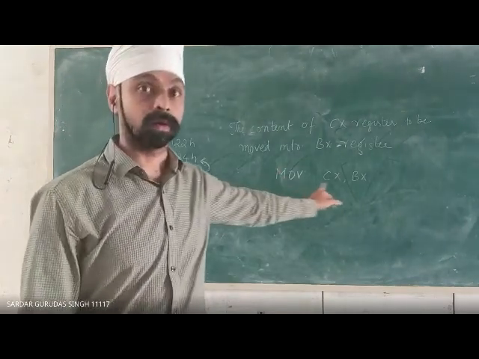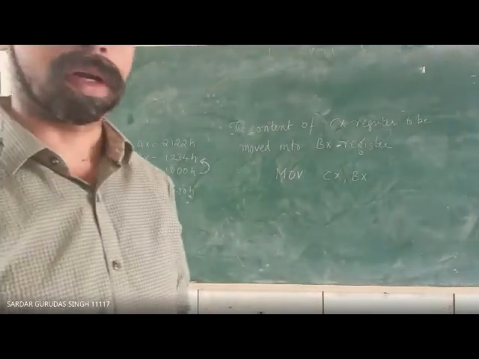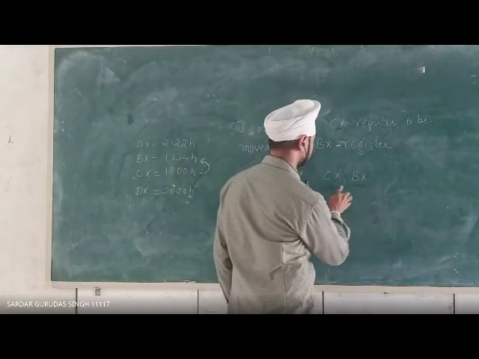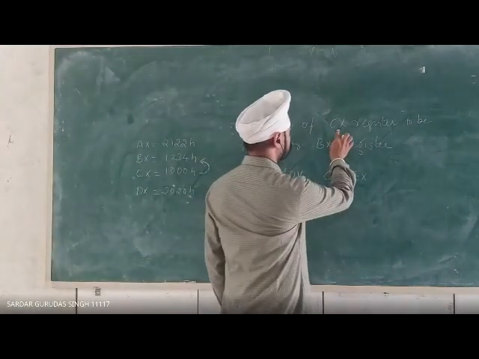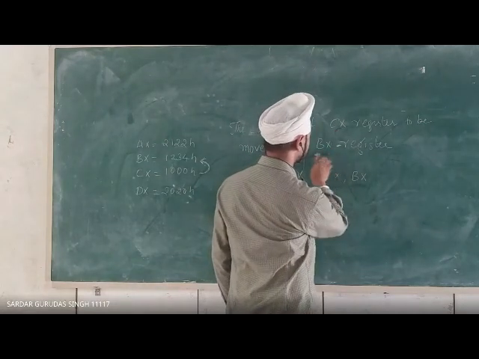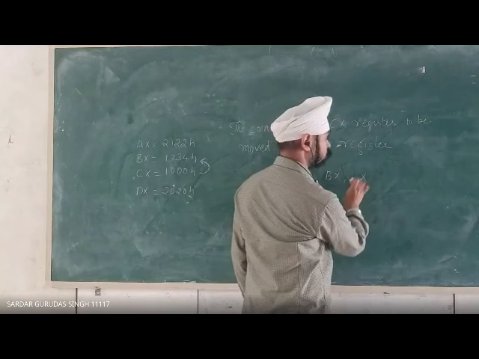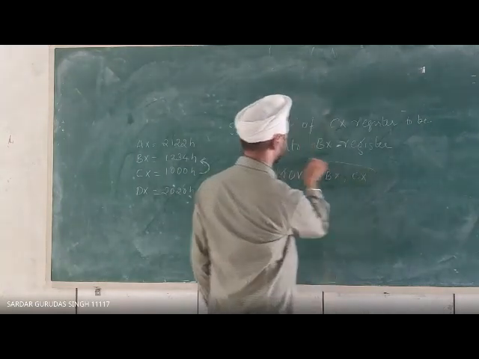Is this correct or wrong? No, sir, it's not correct. Why? Because this is the source and this is the destination. The destination should be BX and the source should be CX. So this is correct.